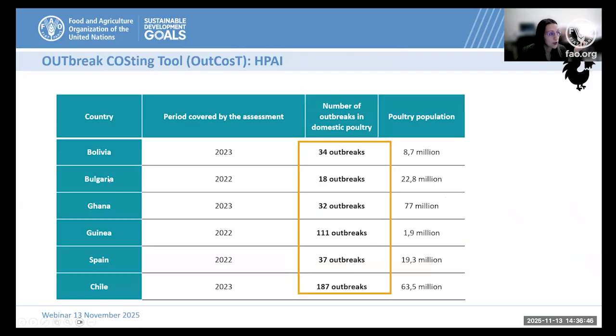We have, for example, Bulgaria with 18 outbreaks and Chile with 187 outbreaks. So a big range here, and also a big difference in the poultry population with, for example, Guinea having 1.9 million and Ghana having 77 million.